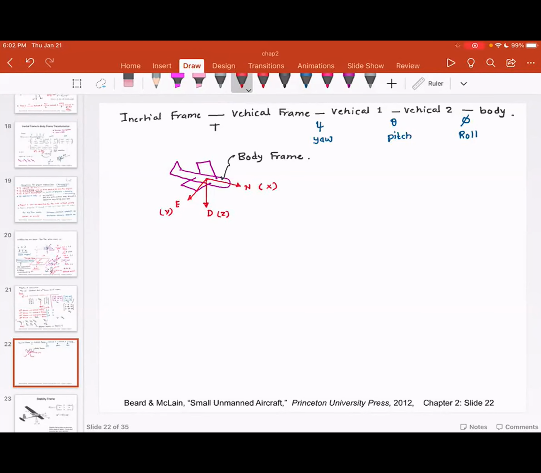Again, please note that this is a right-hand coordinate system, which means your X aligned with thumb gives you Y aligned with first finger and Z aligned with middle finger. So please observe that this is the right-hand coordinate system.